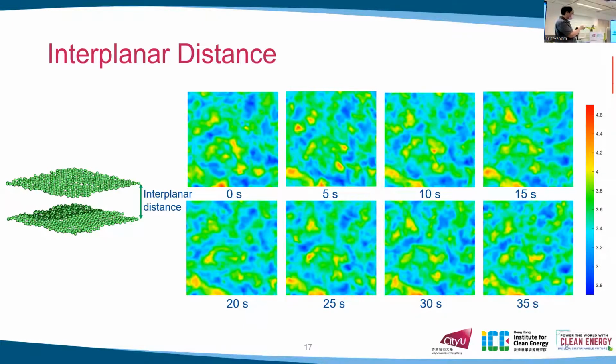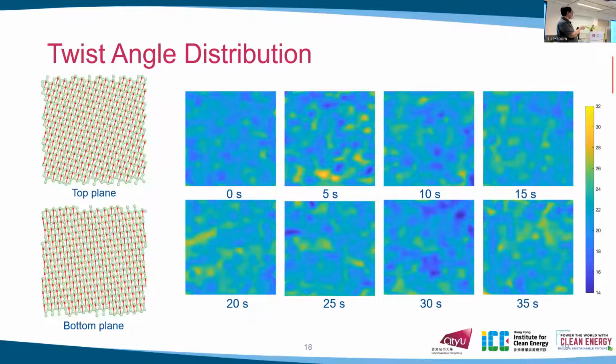Next is the twist angle distribution. Usually we use the diffraction pattern to determine the twist between two planes. But the diffraction pattern gives average properties. From the diffraction pattern we know the average twist angle, but we cannot know the twist angle locally. Since we obtain the position of each atom, we can calculate the orientation of each hexagon.